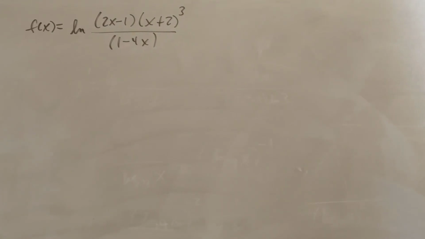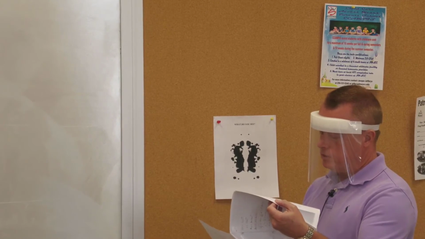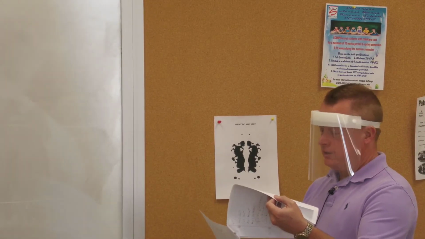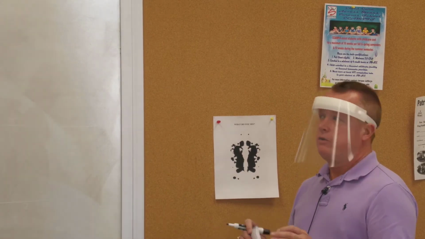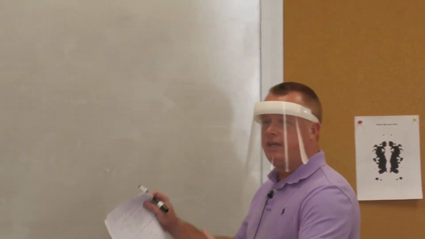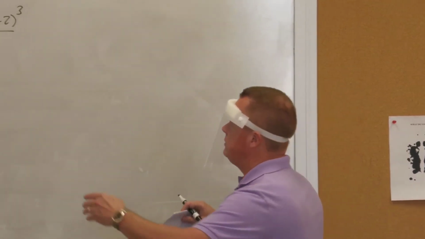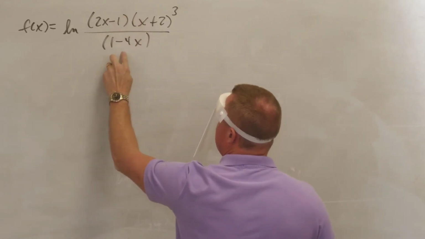But you can make this one easier because one of the things in the directions said, in some cases it is useful to use the properties of logs to simplify the function before computing the derivative. So this is one where it'd be a lot easier to simplify it. Okay, so expand it. So notice on the top you've got addition, you've got your multiplying, and then you're dividing.